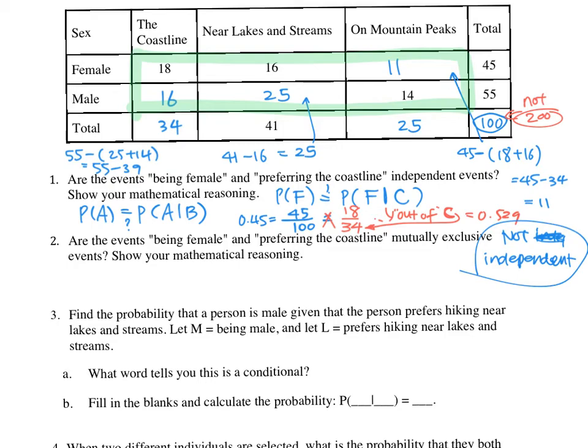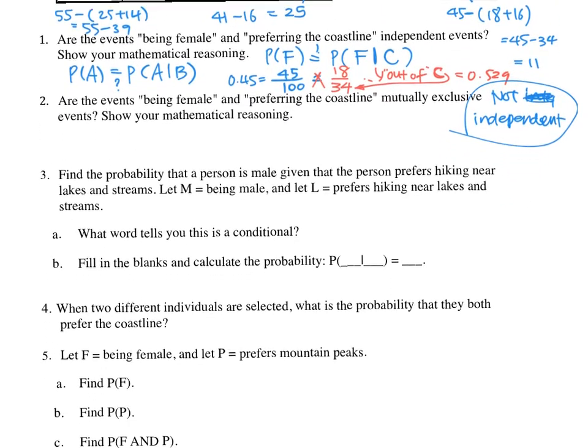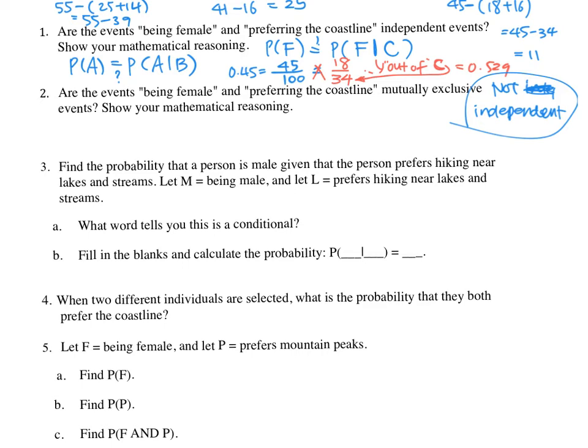All right, let's look at number 3. Find the probability that the person is male given that the person prefers hiking near lakes and streams. Part A, what word tells you this is conditional? The word given. That's a keyword.